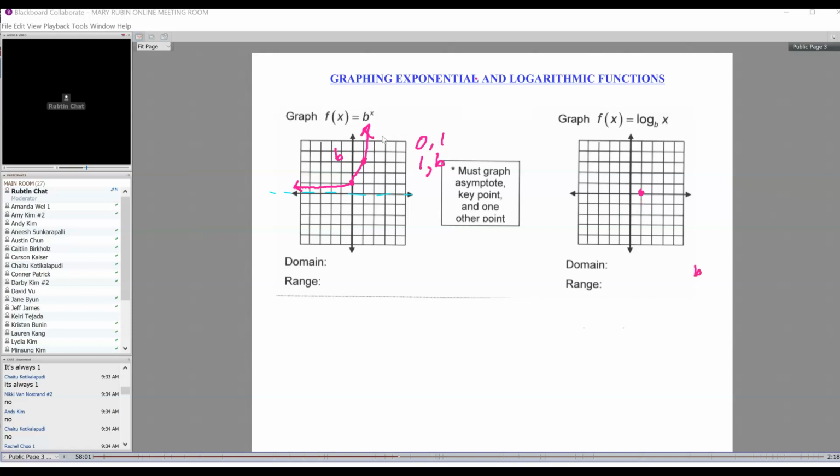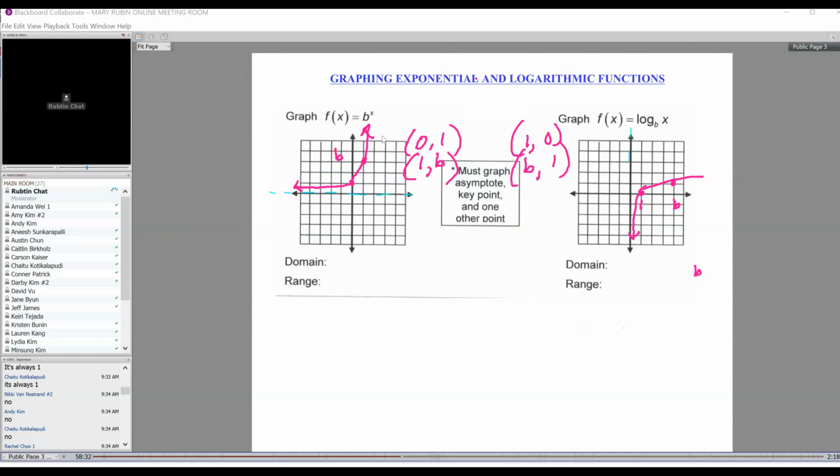Okay, let me grab this and move it. Sometimes it's easier to write it exponentially and then flip your points. That's up to you. Okay, so 0, 1 becomes 1, 0, and then this becomes b, 1. So wherever b is, you go up 1. There's my b. And then my asymptote is the y-axis.